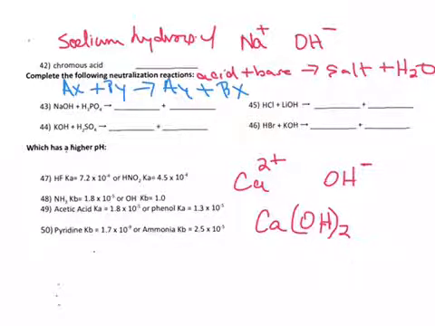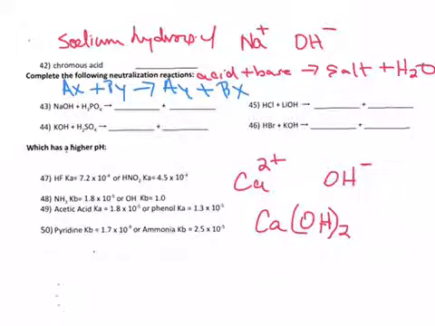How would I know which one has a higher pH? Whichever one has less concentration, less hydrogen, because a strong acid would have a low pH, right? You with me? A strong acid would have a lot of hydrogen. This isn't a very good question right here.